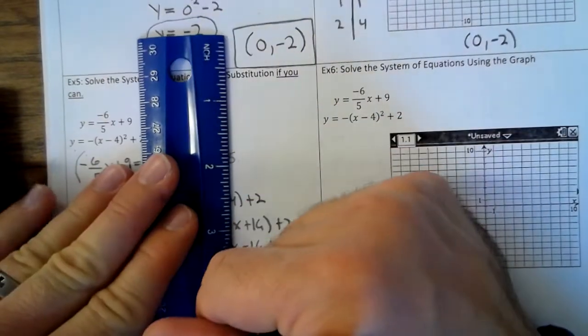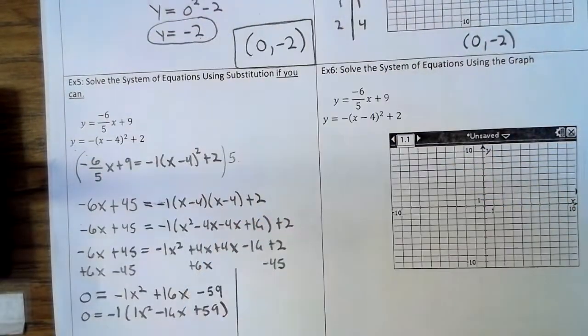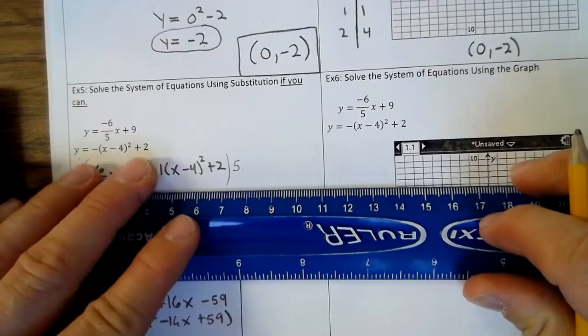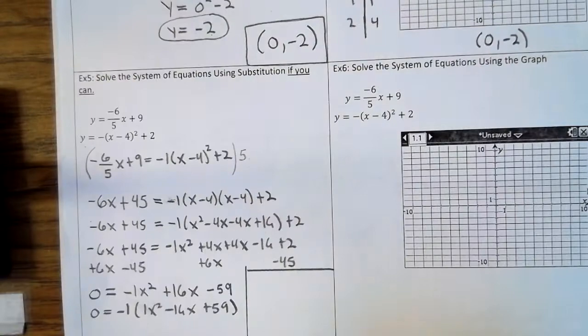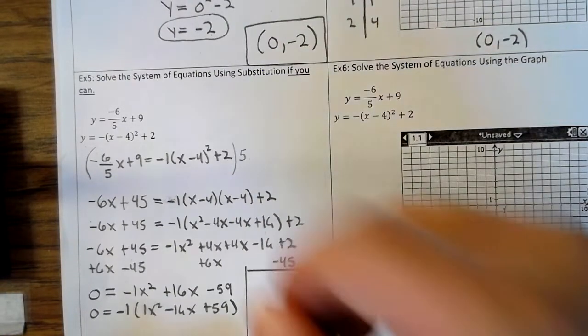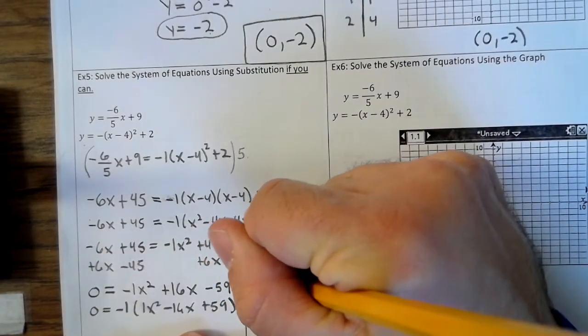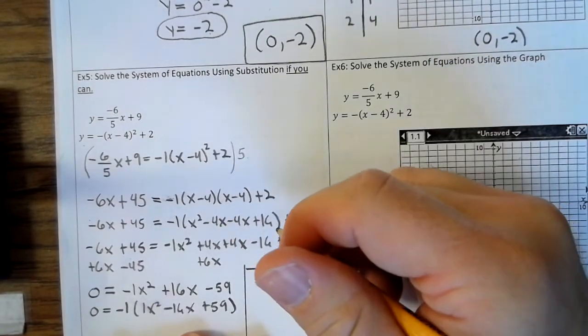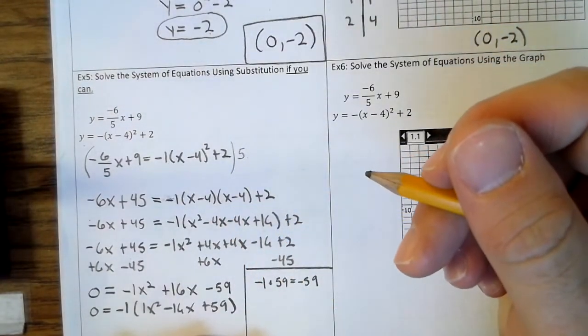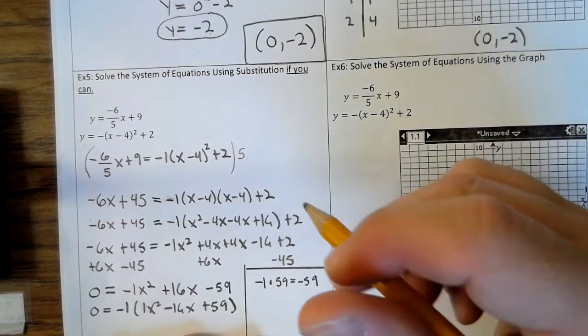Now we want to see if any combinations that make 59 will also make -16. So we want to go in order and find all the combinations. So -1 times 59 equals -59.